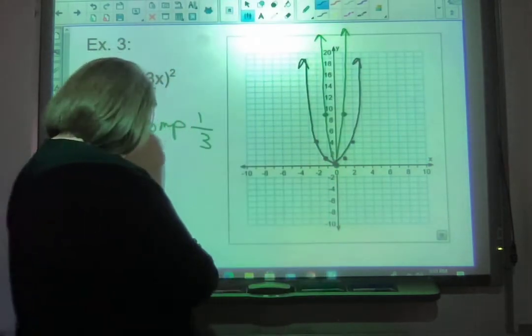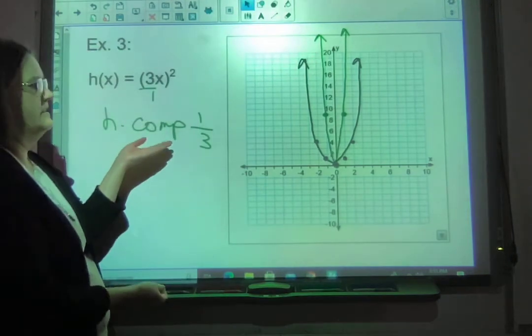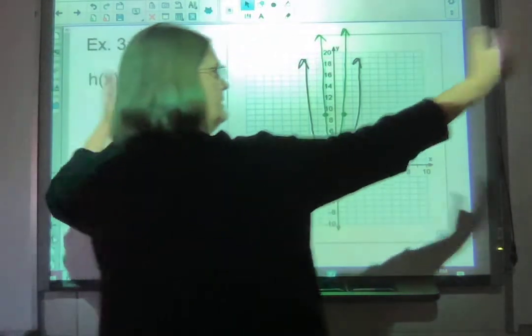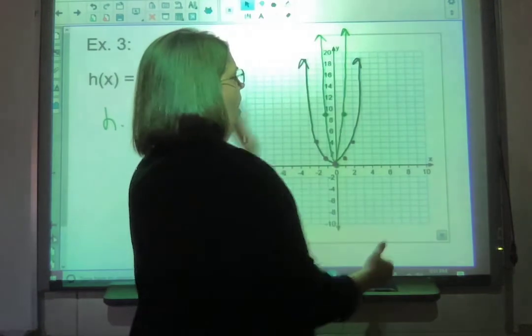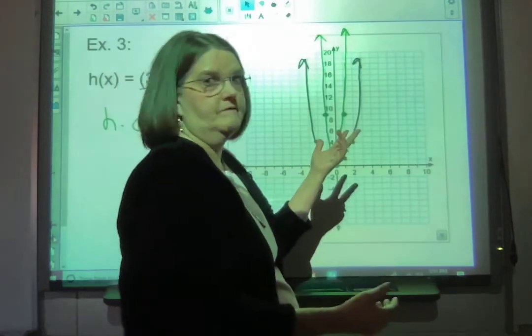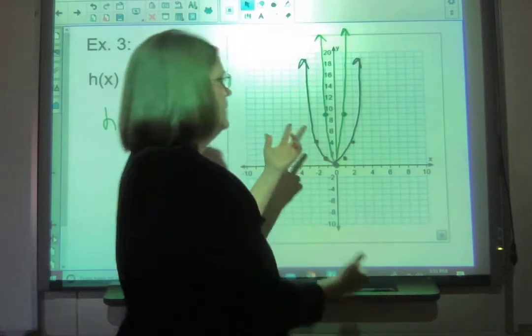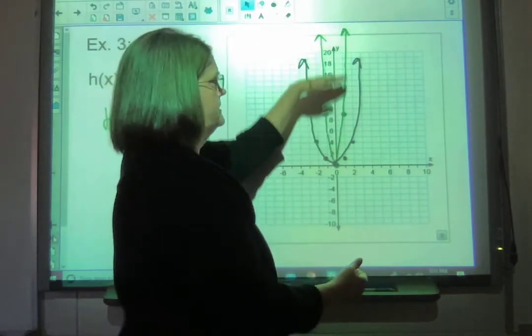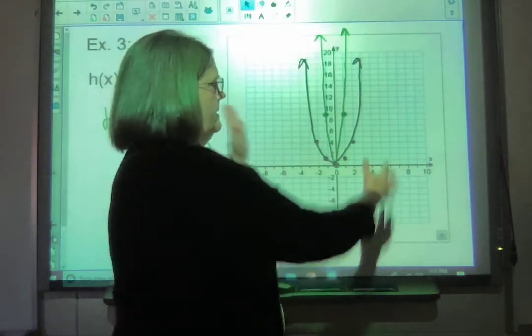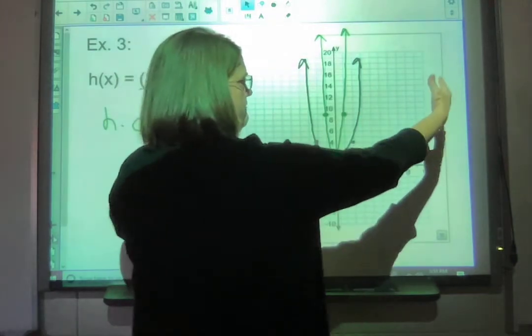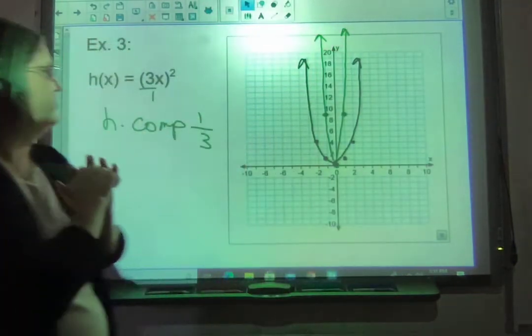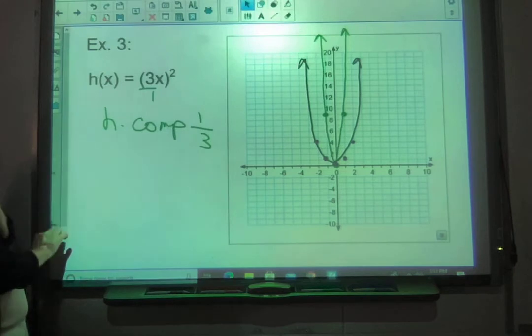But that's the parent, and then it is compressed. Remember, it's coming this way. It's like being in the walls. Although it looks like a vertical stretch, they look the same. They are not the same. They won't have the same values. So it's important that you put this into Desmos and graph it. But it is compressing the graph from the sides this way. So that's a horizontal compression of 1/3.